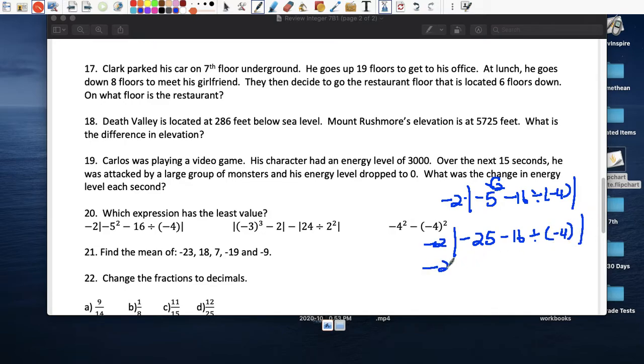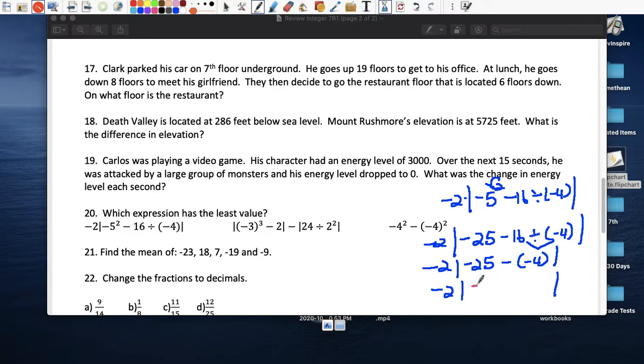Now continue, so it's negative 2. Let's just take care of everything here. Over here we have negative 25 minus, and 16 divided by negative 4 is negative 4, right? Because it's a positive divided by a negative. I'm going to change that problem inside the absolute value to an addition problem.